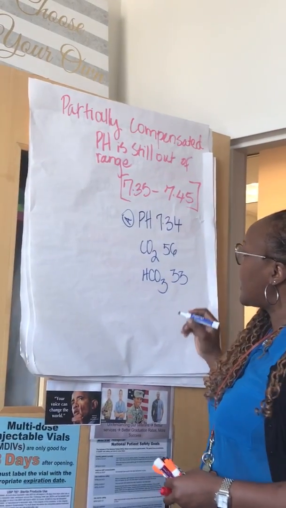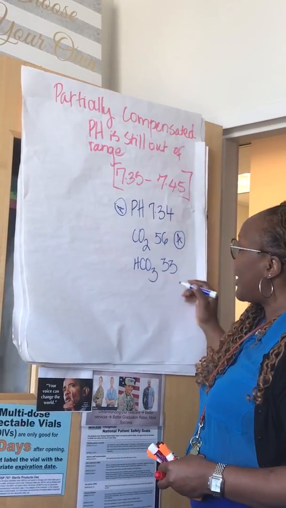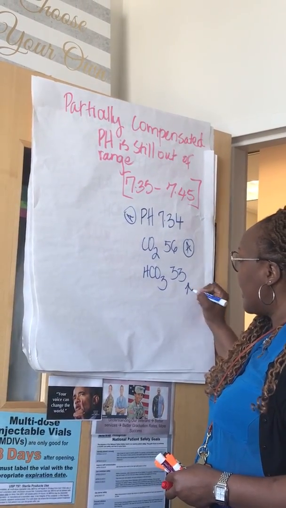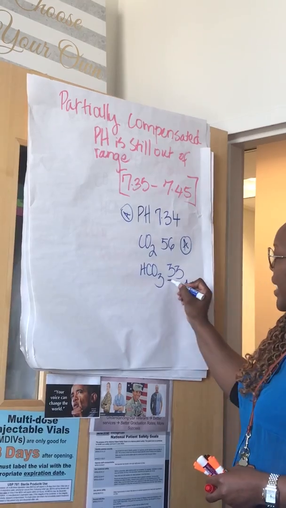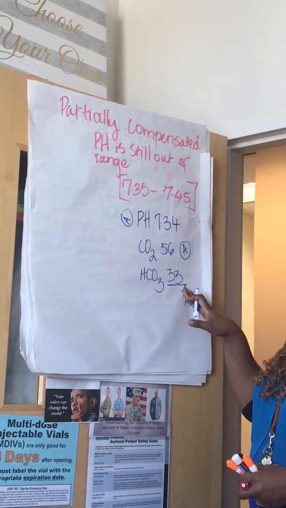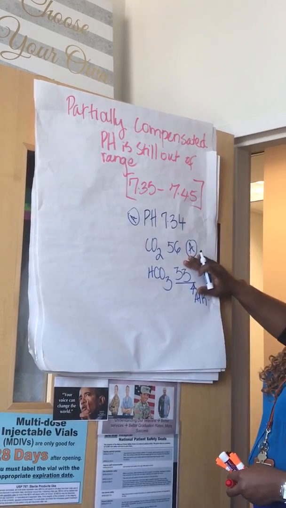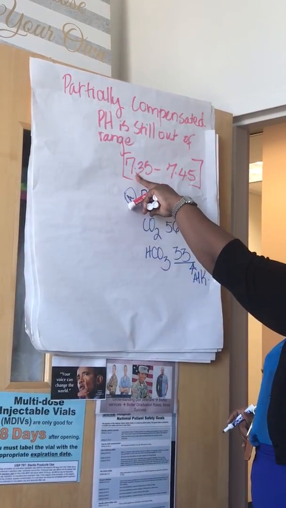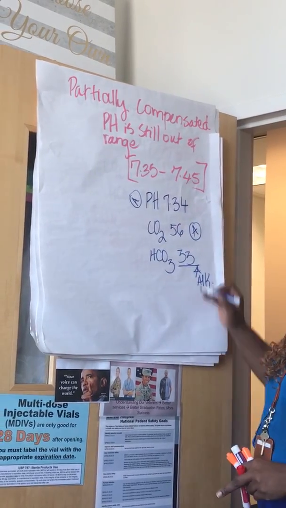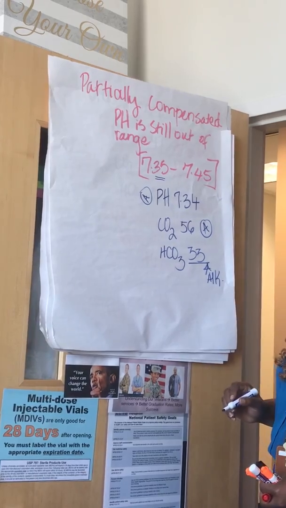CO2 of 56 is high, it's acidic, and bicarbonate of 33 is higher, an alkalotic state. So bicarbonate is starting to increase because it's an alkaline to correct the respiratory acidosis, but the pH has not gone back to the normal range, 7.35 to 7.45. It's almost at the normal range on the lower side, so we know it's an acidic problem.